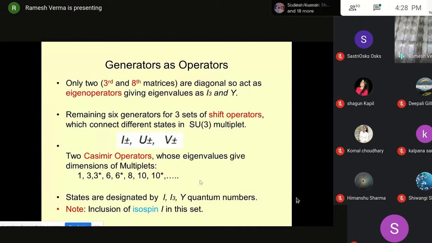For example, even in ordinary three-dimensional space, we decide how the vector components transform under rotation. Same thing we are doing in SU3 spaces. So there is a certain manner in which the members of these multiplets mix together as a result of SU3 transformation.